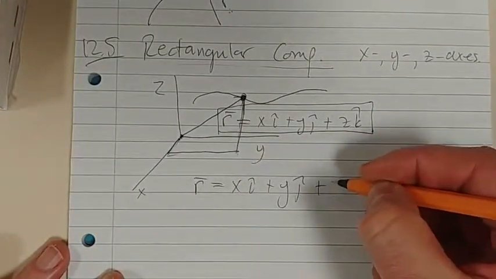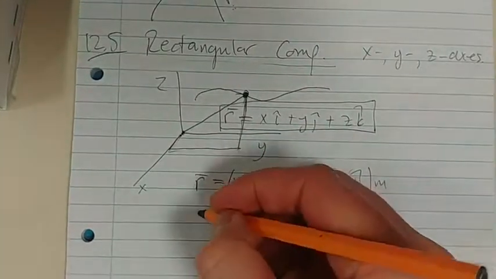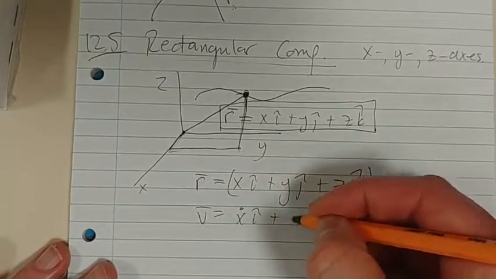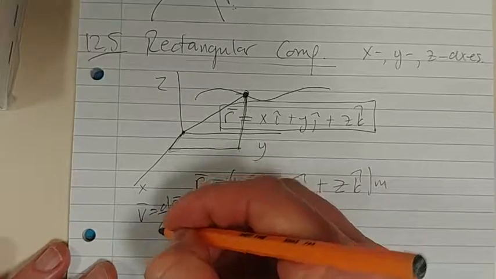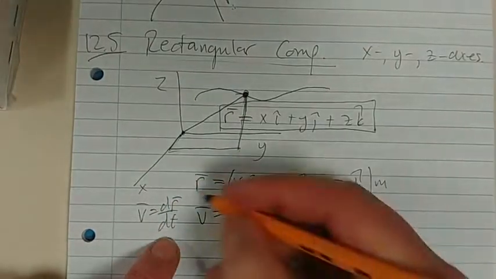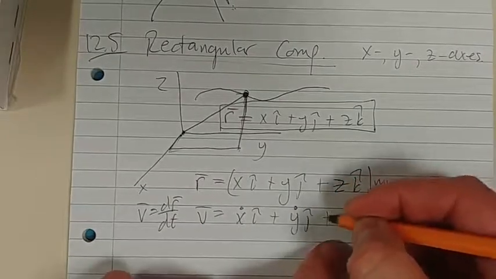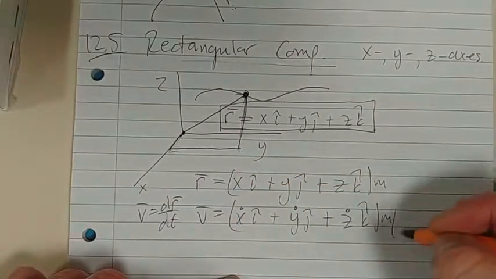So if our position vector looks like this, I'm not going to go into the whole derivation right now, in meters. Our velocity vector is x dot i plus, because v is dr/dt, so v is x dot i plus y dot j plus z dot k, in meters per second.